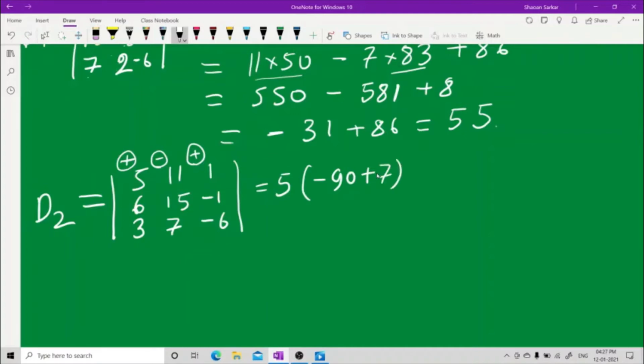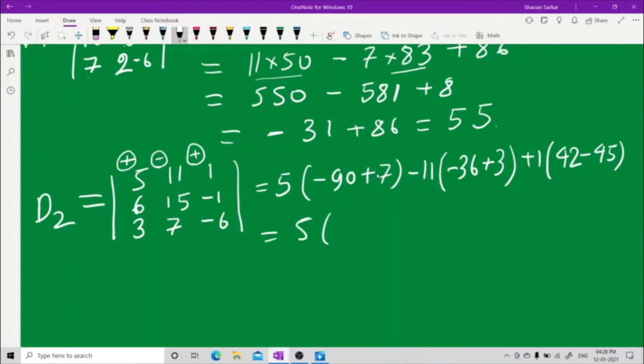Then you get plus minus 11, and then you have minus, that is, you hide the second column, minus 36 plus 3, and then, oh wait a minute, this is 3, this is 3, and then you have plus 1, and this is 7 6s are 42 minus 45, minus 45. So you get 5 into minus, this is 83. Then you have minus 11 into minus 33.